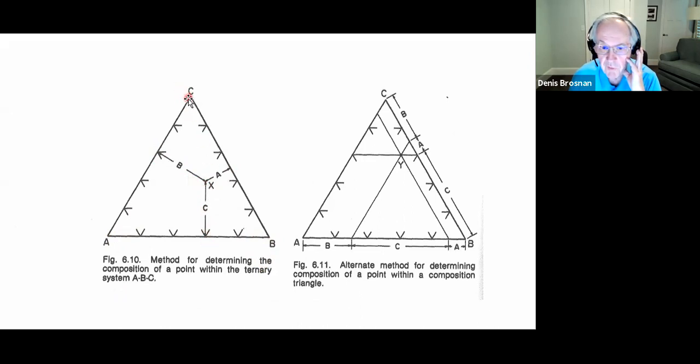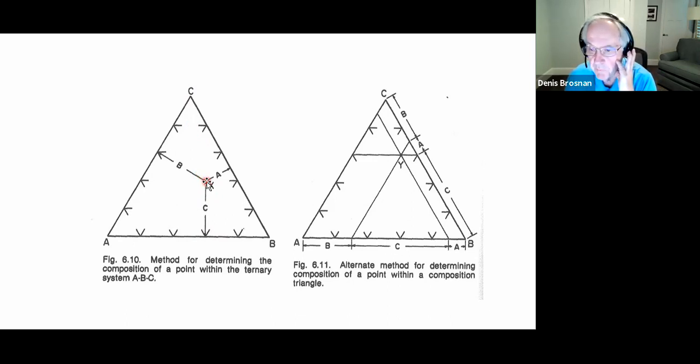And we can measure from the C component in the direction of the AB axis. This direction right here, this dimension right here is C. So the percent C is the dimension C divided by A dimension plus B dimension plus C dimension times 100 to express it as a percentage. So that's the composition. That's one way to do it.